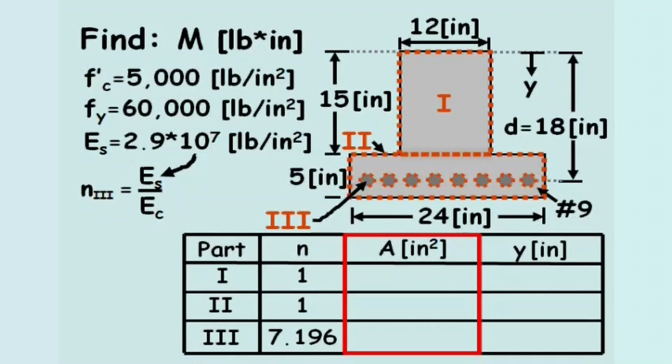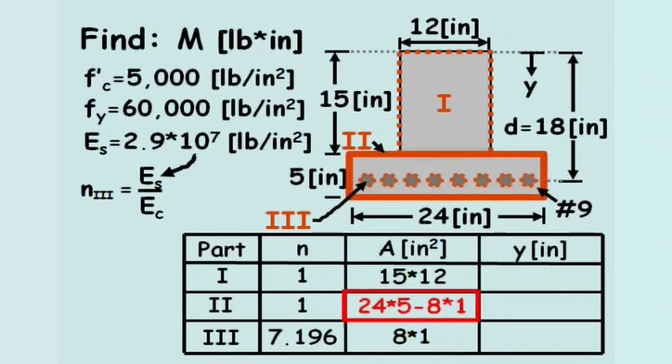From observation, the area of part 1 equals 15 inches times 12 inches. The area of part 3 equals 8 number 9 reinforcing bars times 1 inch squared for every number 9 reinforcing bar. The area of part 2 equals 24 inches times 5 inches minus 8 inches squared.